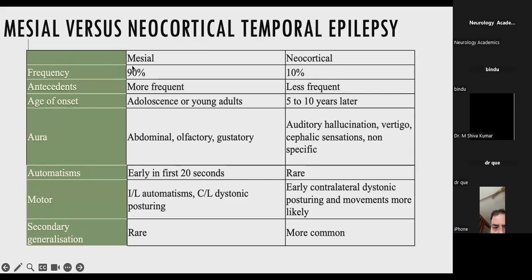The frequency of mesial temporal lobe epilepsy is around 90%. That is very much more common than the neocortical.